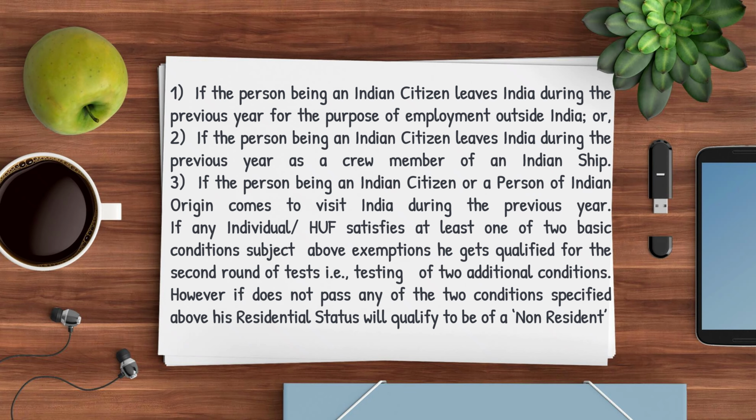So, if a person is a citizen of India and leaves India during the previous year for the purpose of employment, or if he is an Indian citizen who leaves India during the previous year as a crew member of an Indian ship, or if a person of Indian origin comes to visit India during the previous year, if an individual or HUF satisfies at least one of the two basic conditions subject to the above exemptions, he gets qualified for the second round of tests, that is, the testing of the two additional conditions.